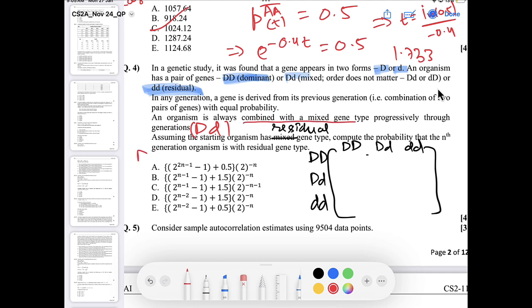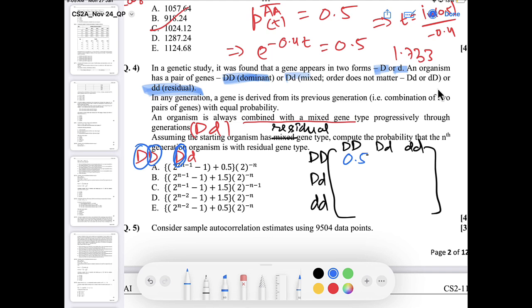So one parent is capital D, the other one is this. Then what is the probability of getting this? Out of the four possibilities that I showed you, in only two of them would you get capital D. That is this one combining with this one and this one combining with this one, right? So that is 50%.